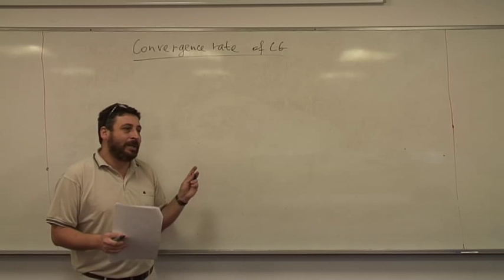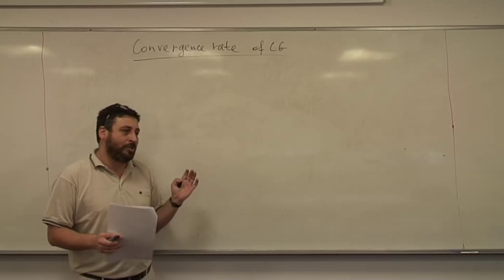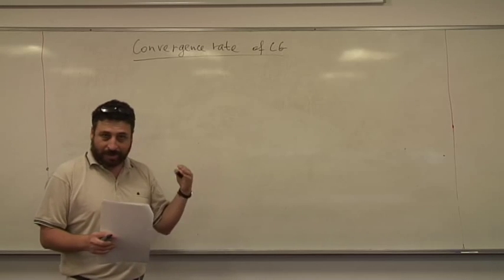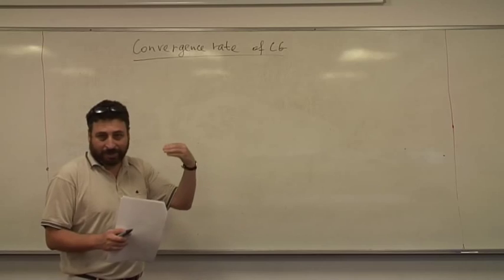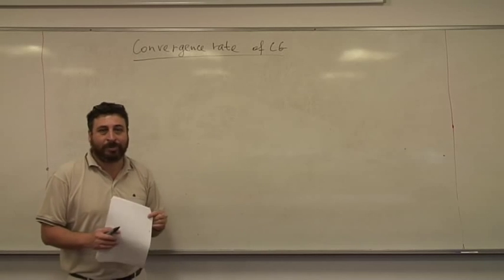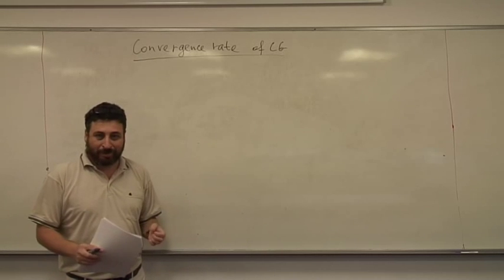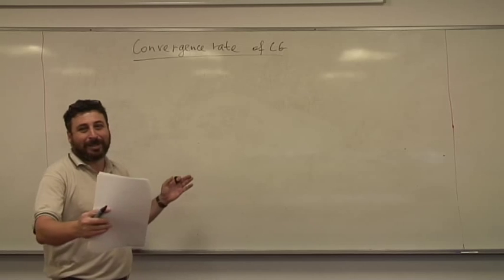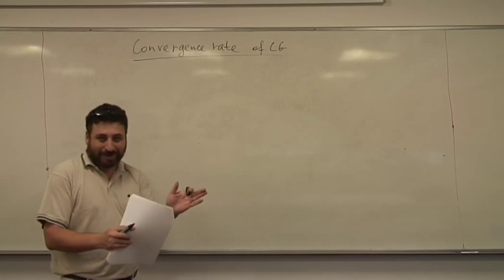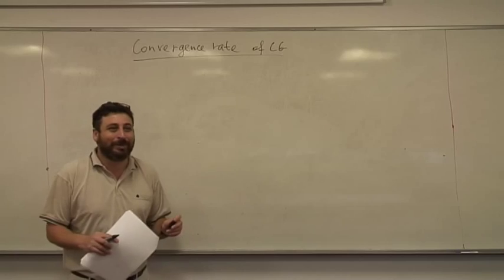So for a quadratic form, we showed in conjugate directions that in at most n iterations, where n is the dimensionality of our problem, the process should converge because of this expanding manifold property. The manifold expands to all the space.